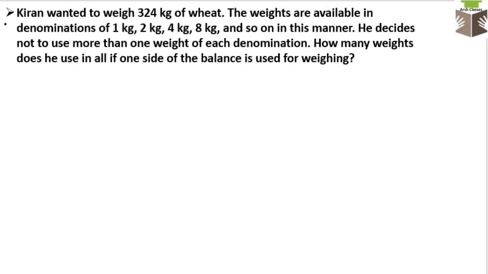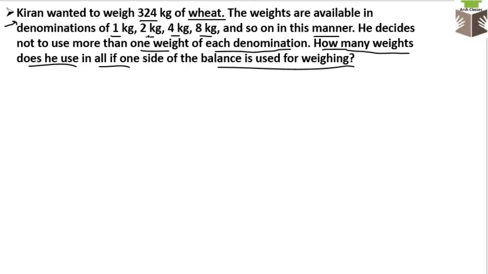Here the question says that Kiran wanted to weigh 324 kg. The weights are available in denominations of 1 kg, 2 kg, 4 kg, 8 kg and so on. One side of the balance is used for weighing, and you can put more than one weight, but each type of weight can be used not more than one time.